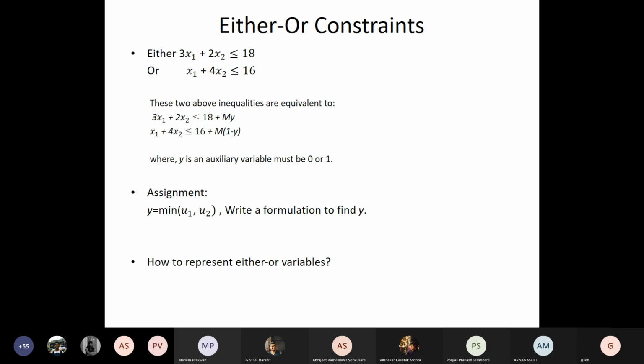The objective function is minimizing y into u1 plus 1 minus y into u2, and y is the binary variable. No. I didn't mean it this way, but okay, let me change the variable name. The objective function is x into u1 plus 1 minus x into u2, where x is a binary variable.